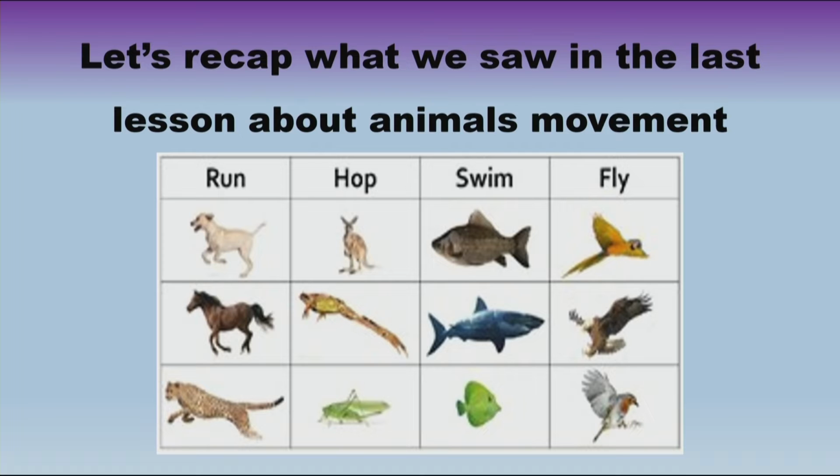There are animals that fly. Birds are different examples of animals that fly. But an ostrich, does it fly? No, it doesn't fly, but it can run very fast.